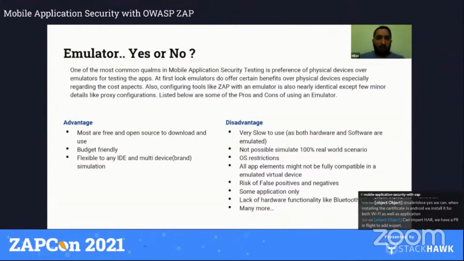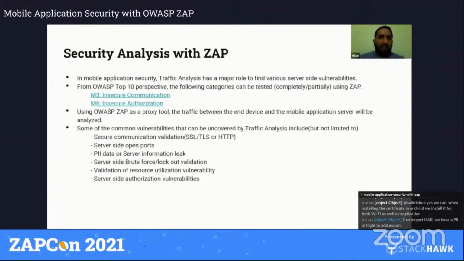So moving on to the next part, the security analysis part. Now, one of the key areas that we can do with mobile application security is called traffic analysis, where we put ZAP as a man-in-the-middle proxy in between your mobile application and your mobile application server and analyze the intercepted traffic.